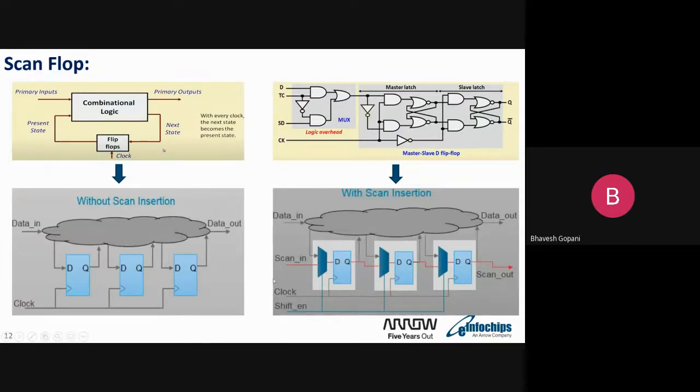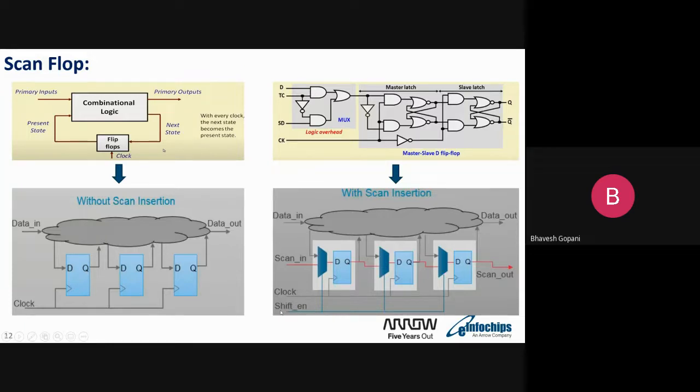And once it is converted to a scan flop, we have control of data in and data out of this flop. The idea is that we have another input we can call the scan input, and the mux selection line is controlled by the shift enable.